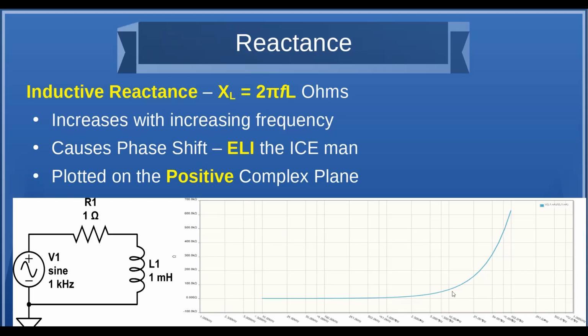So after about 5 time constants, we're going to have 95% of our current flow, and the inductor voltage will be down here at 0.